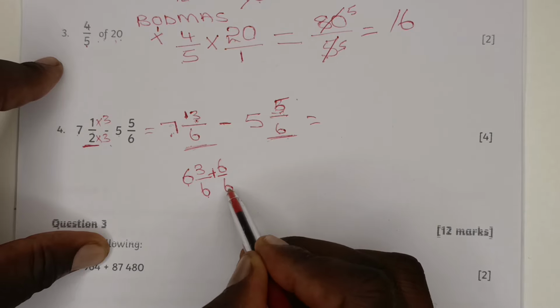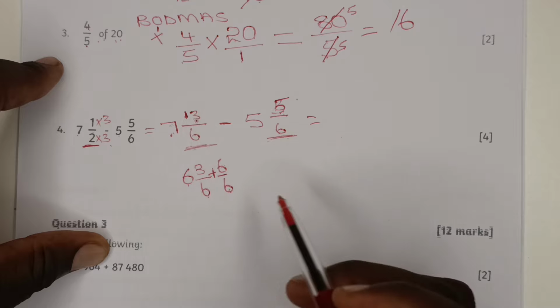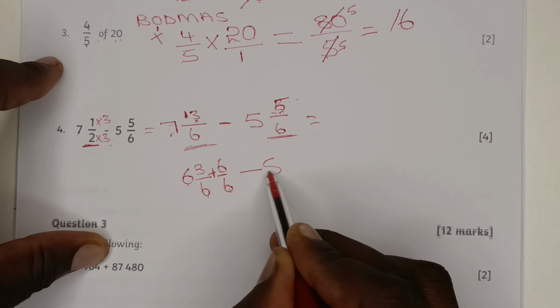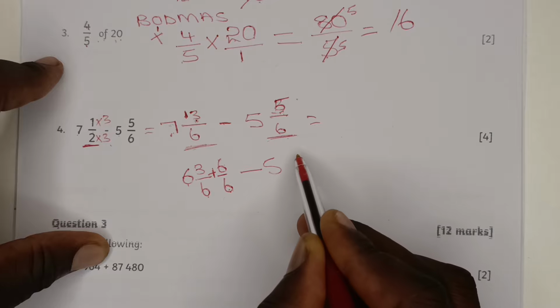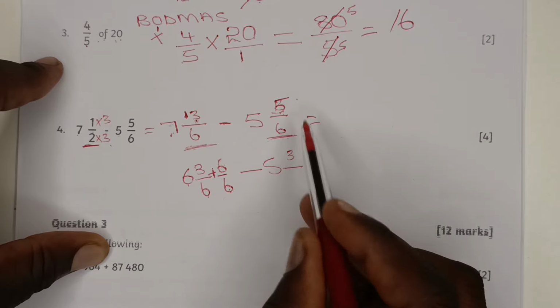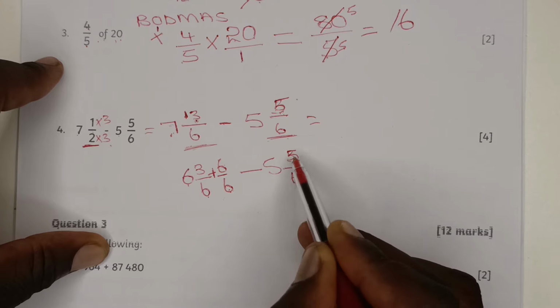So 3 plus 6 divided by 6 is 9. So this is 9 over 6. So we write what is left here. It's a 5 whole number 5 over 6.